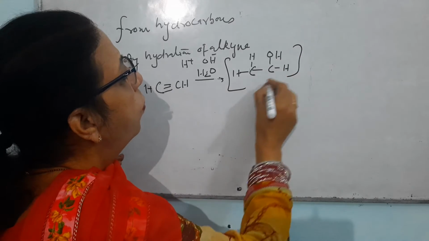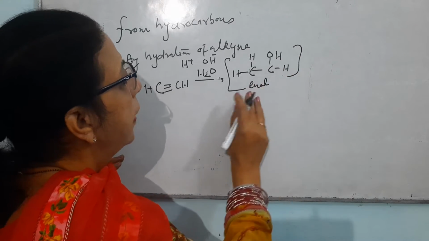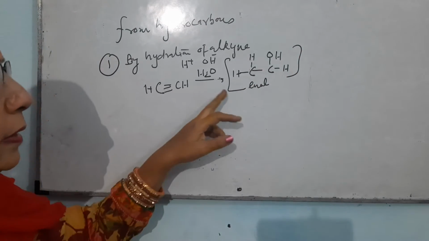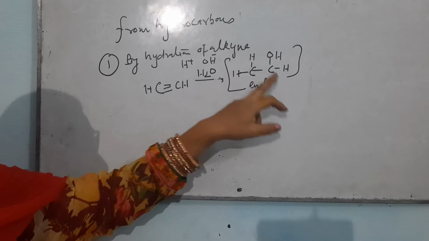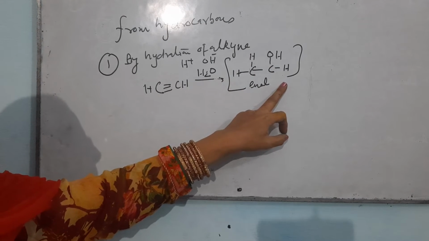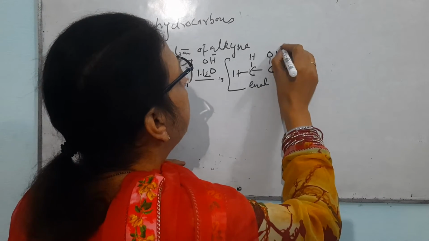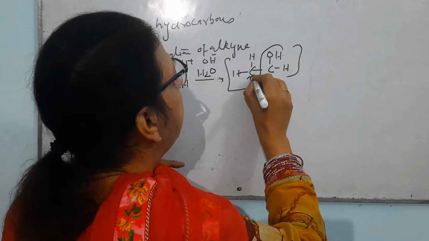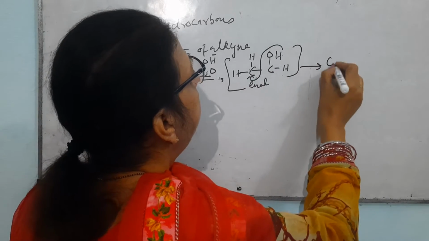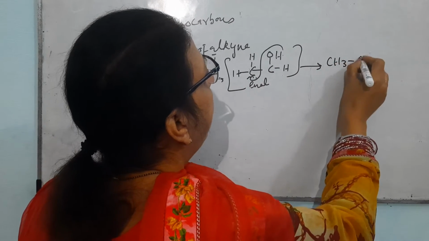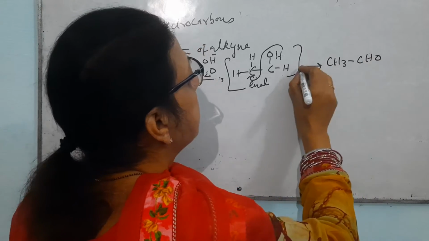This is the enol form. It is unstable. This intermediate is unstable, so the tautomerism will take place. One of the hydrogen from here will be shifted here. So there will be formation of aldehyde taking place.